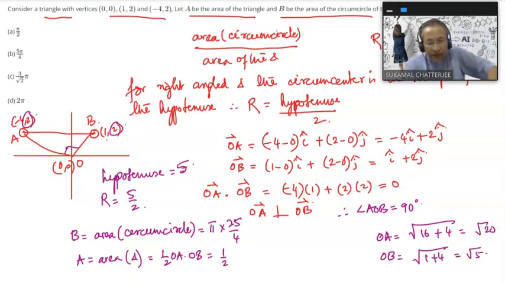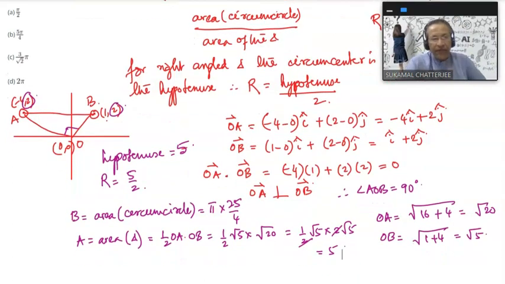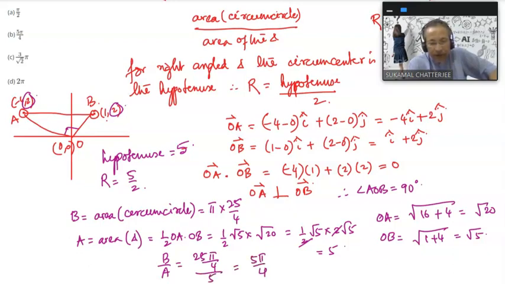So this is half into square root of 5 into square root of 20, which is half root 5 into 2 root 5. 2 and 2 cancel, so this is 5. Therefore the ratio of B by A is 25 pi by 4 by 5, which is 5 pi by 4. So the correct answer is option B.